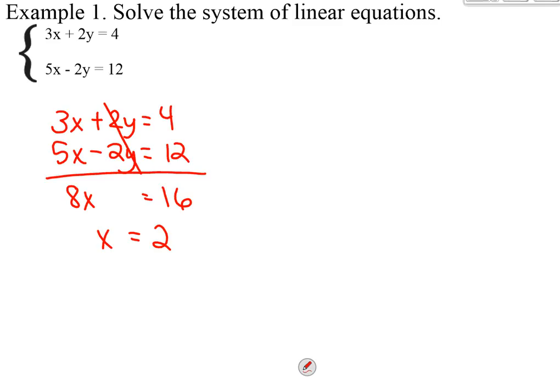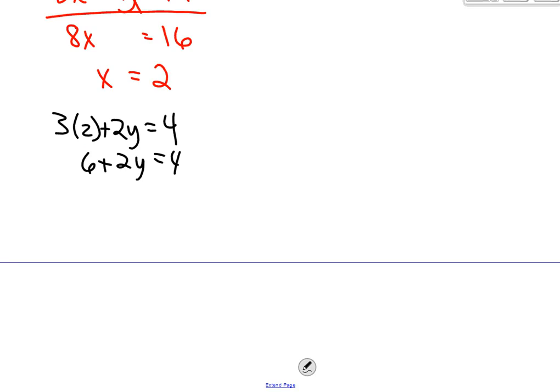And then putting that back in, I'll put it in the first equation. 3 times 2 plus 2y equals 4. 6 plus 2y equals 4. And then subtract 6, 2y is negative 2, divide by 2, y is negative 1.